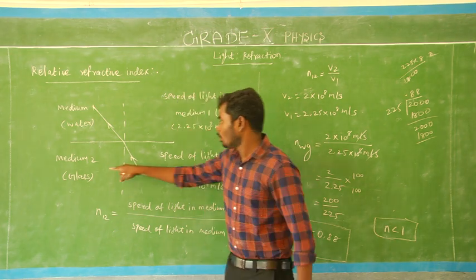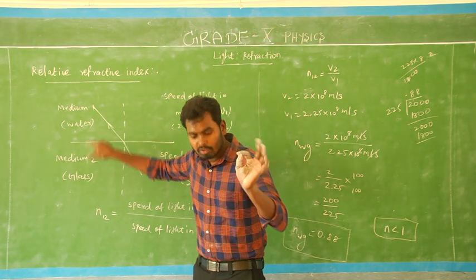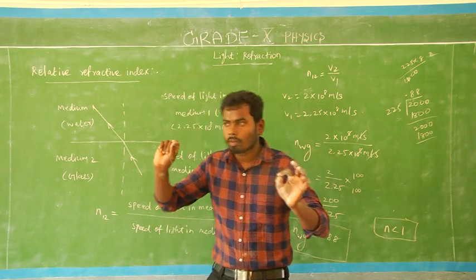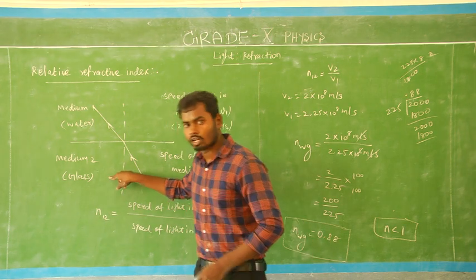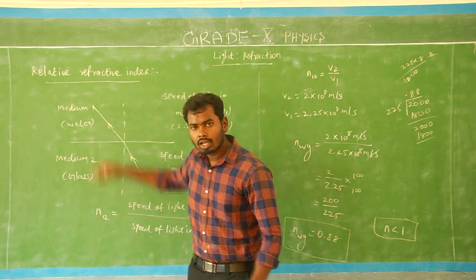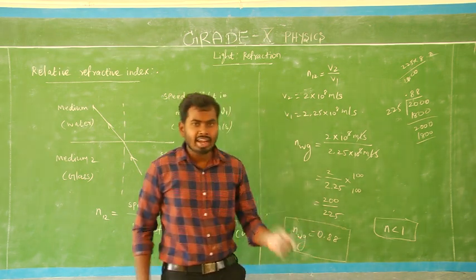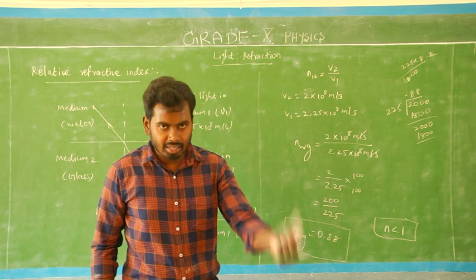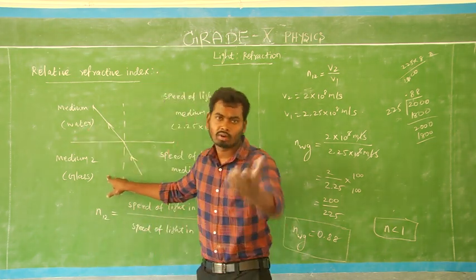This is the optically denser medium and this is the optically rarer medium. When light goes from an optically denser medium to a rarer medium, speed increases. Likewise, when light goes from glass into water, light speed increases, by 0.88 times in water compared to glass.